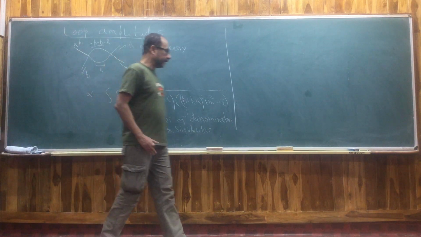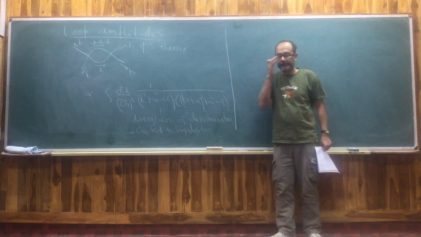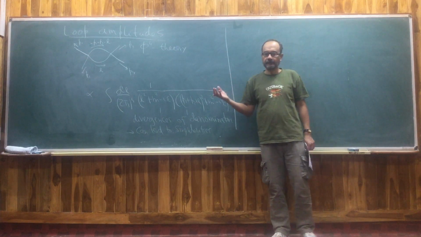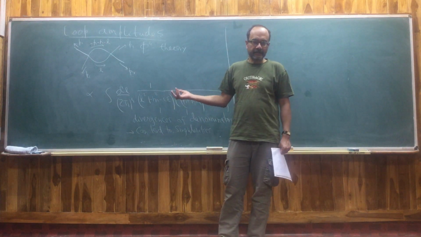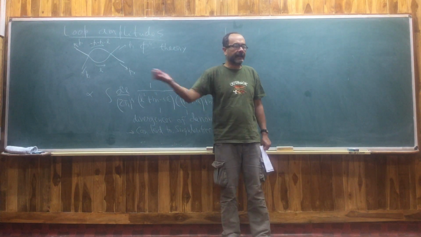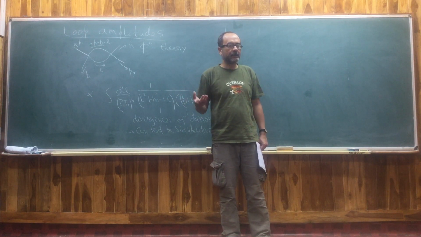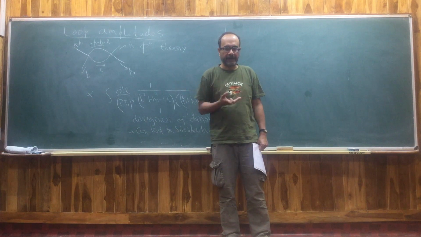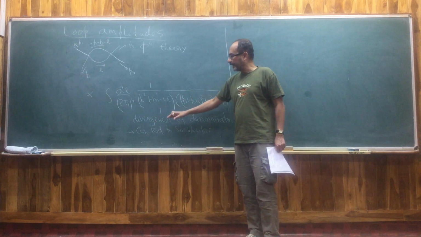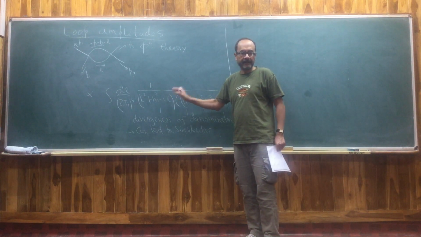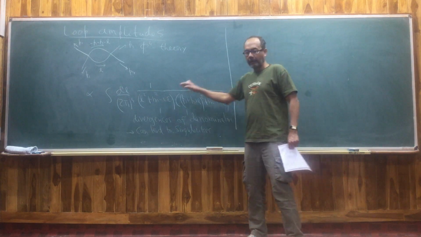If there are no massless particles, then it never happens that these are actually infinite. But what can happen is that the integral becomes infinite, and then you have to worry about whether the integral can be finite. And when there are no massless particles, one can show that the integral never becomes infinite. The integral always remains finite. So these can give rise to singularities of the amplitudes, but they are integral singularities. But these are not what we will worry about right now.